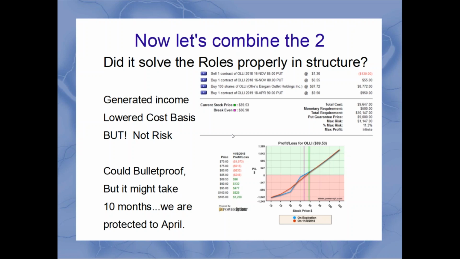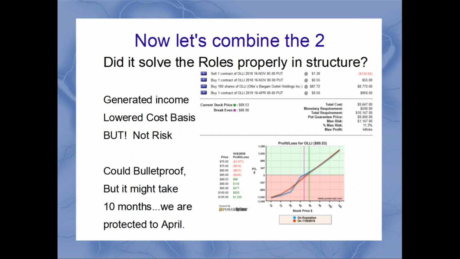Because I still have to put up the 5 points, and if Ollie falls to 80, I'm losing what I would lose on the married put plus that extra $425 in the bull put spread. This takes our risk up to 11.3%, not quite double what we started with, but not the direction I want to go if we experience another 20 to 30 days like we've seen in the last month.